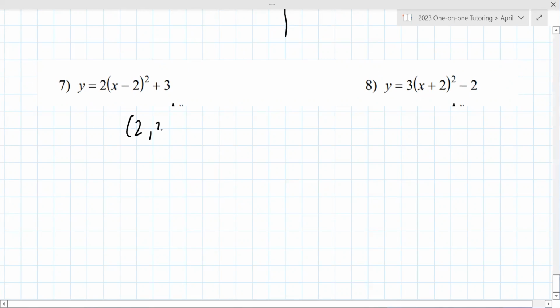Okay, good. The other one? 2, -2. Nope. Try again. Why was the first one 2 on the left here? It's the opposite sign from the other one. Yes. Oh, right. Okay, so that's going to be -2, -2.